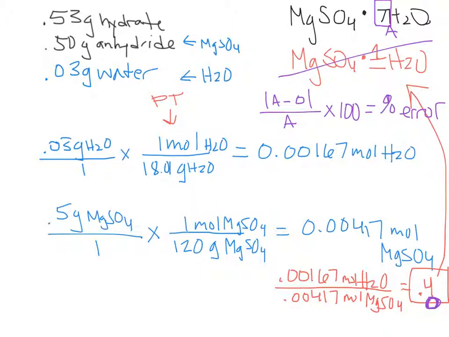So what's really important is the process, knowing that you're only working with your anhydride and your water. Once you obtain those values, and remember these are coming from the averages of your 3 trials, you convert them to moles using your periodic table, and you set up a mole ratio. That's the key. If you have any specific questions on this video, please reply to the post, and good luck.